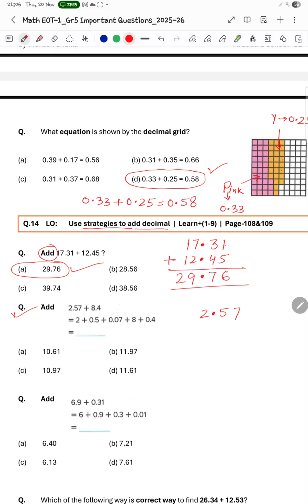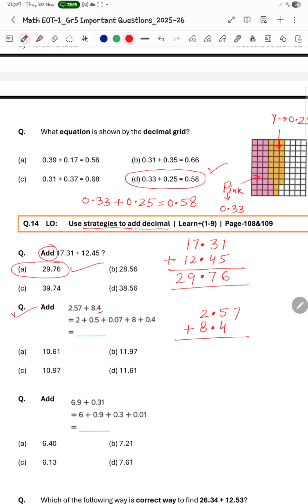Remember, while writing 8.4, make sure the decimal is lined up. It should not be away from the first decimal. It should be one below the other. So I will write 8 here, and the dot will go just below the first dot. And 4 I will write here. Don't write 4 here. This is wrong. Write 4 in the tenths place, because this is the tenths place.